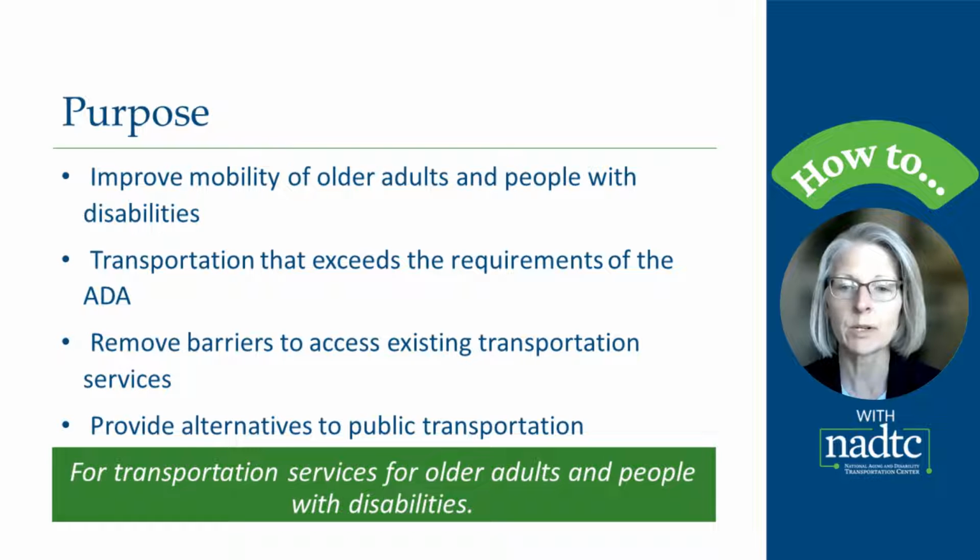Or for public transportation projects that improve access to existing fixed route service and decrease reliance by people with disabilities on complementary paratransit, or to provide alternatives to public transportation that assist older adults and individuals with disabilities with transportation.